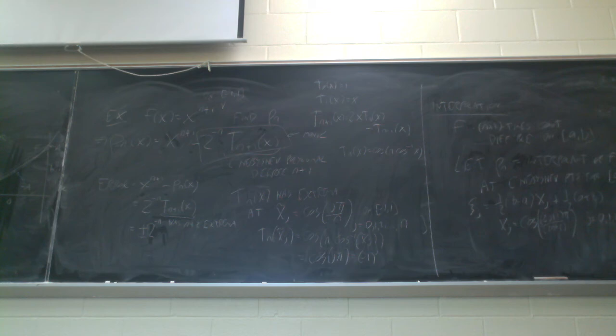So these are the roots of T(n+1). But these roots are in minus 1 to 1, and this map takes these values from minus 1 to 1 and maps them to [a, b]. So we're just doing shifting and scaling to put them in [a, b].